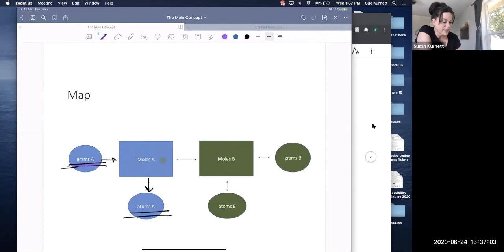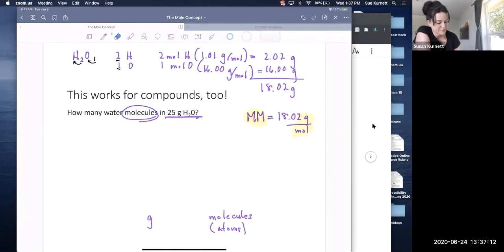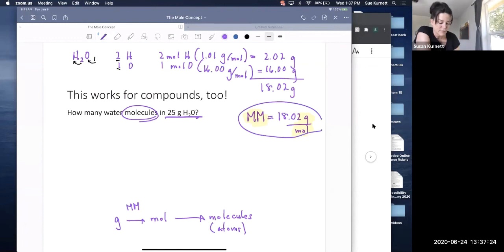I have to go from grams to moles to pieces. I use the molar mass that I find on the periodic table, what we solved for there, and then Avogadro's number to go to how many pieces in a group.